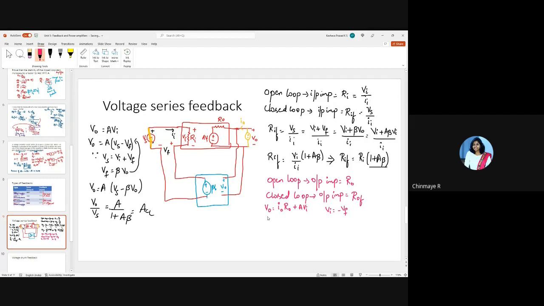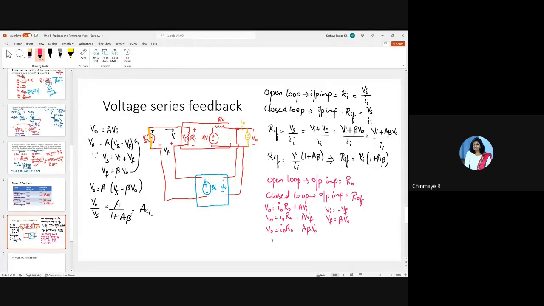So let me substitute that. So we know that V0 is equal to I0 R0 minus A times Vf. But what is Vf equal to? Beta V0. Correct? Vf is equal to beta V0 here. So therefore, V0 is equal to I0 R0 minus A beta V0 is what I can write.